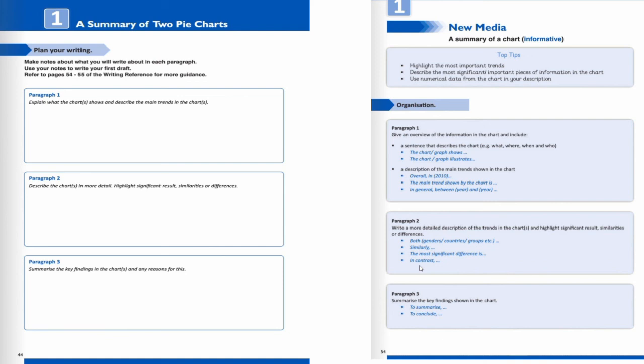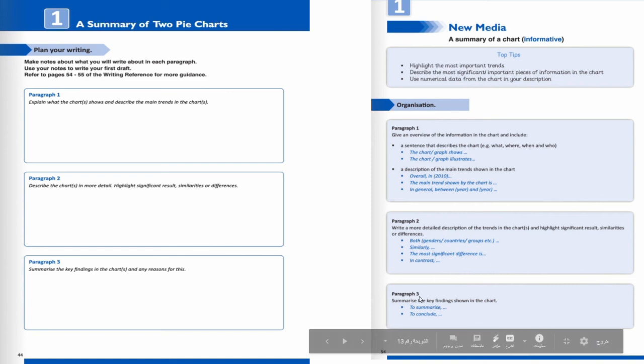In contrast, you can use something that is in contrast to what you have said or what you are going to explain in the next sentence. Finally, paragraph 3 summarizes the key findings shown in the chart. To summarize or to conclude are two expressions that can be used in this last concluding paragraph.